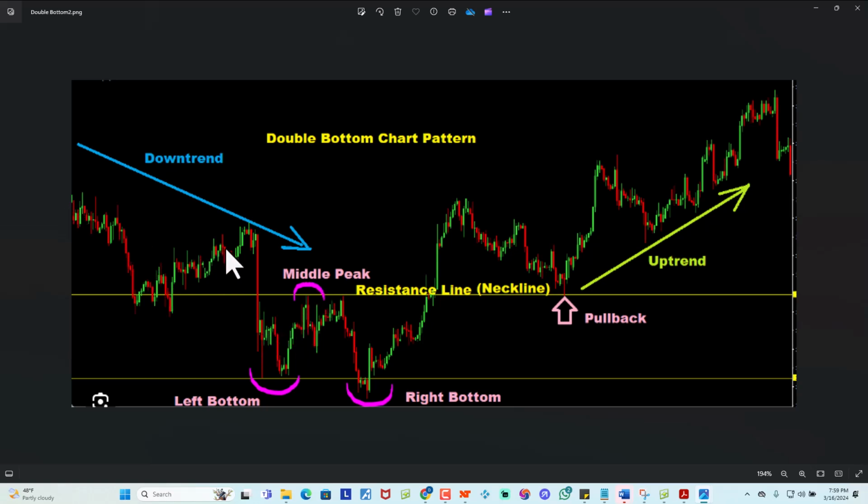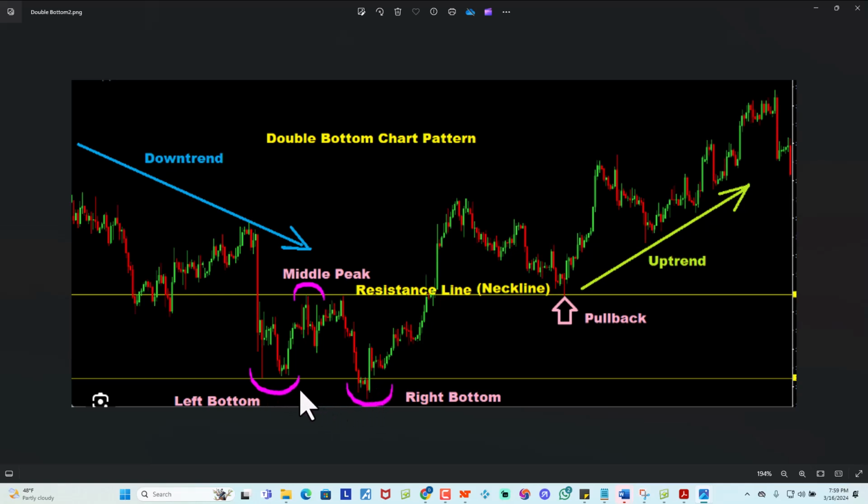So price was going down and came down here, created a bottom, moved back up, and then there was some resistance on the left side here. You see price came back down and slightly went below. This is important for you to remember, because sometimes it will not just stay exactly at the bottom. It may break below slightly.